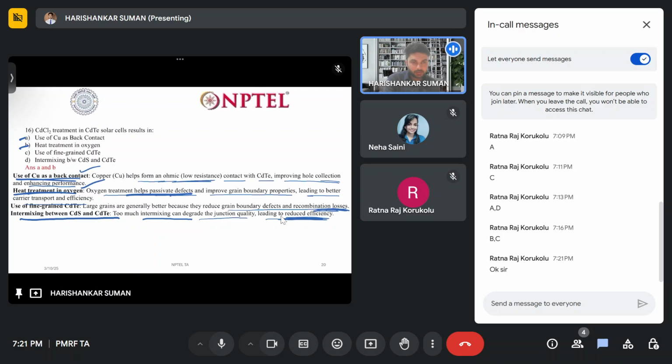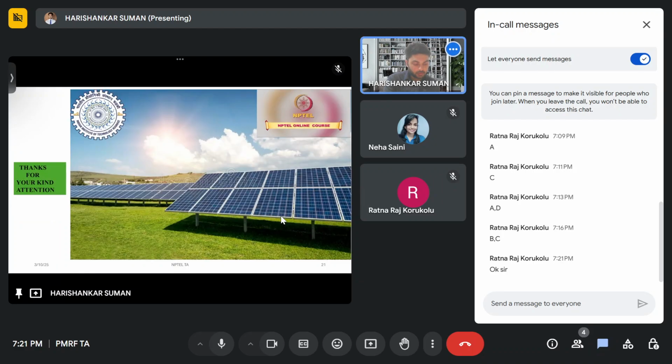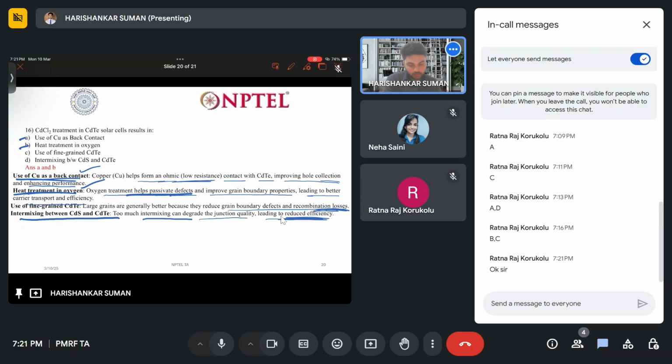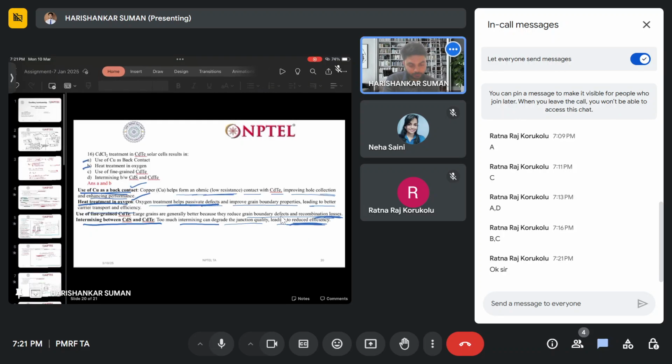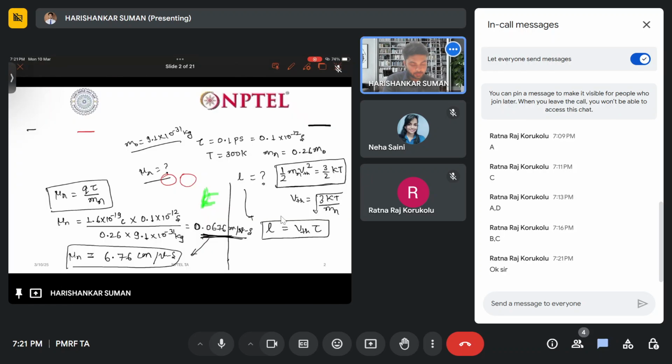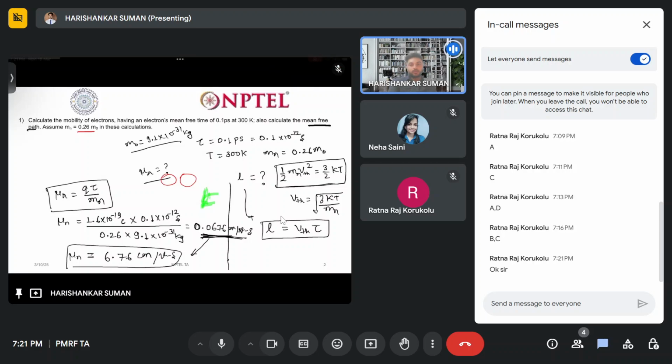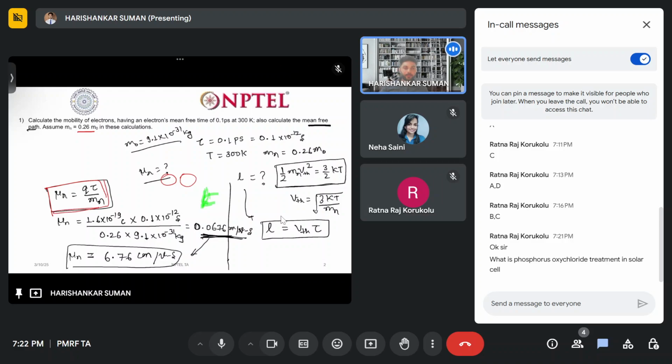Okay, so this is the last question for today's session, I think. So we have discussed... let me show you. First question on mobility of electrons. So please use this formula. Remember, what is phosphorus oxychloride treatment in solar cell?